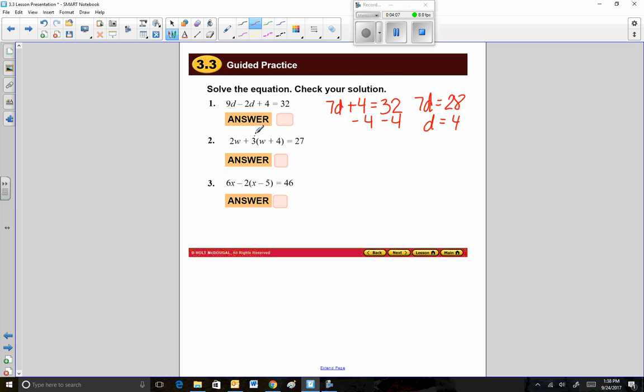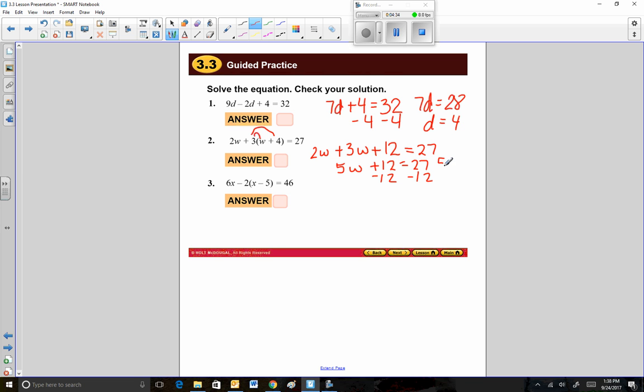On this one, make sure you distribute 3 times the w and 3 times the 4. So you rewrite the 2w plus 3 times w is 3w. And 3 times 4, well, that's 12. And it equals a 27. Combining like terms, we have 5w plus 12 equals 27, bringing everything down. Subtract your 12 from both sides.